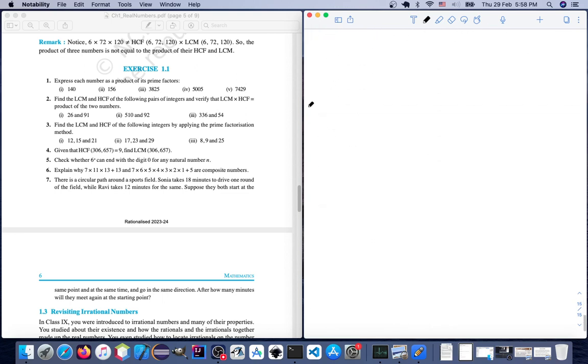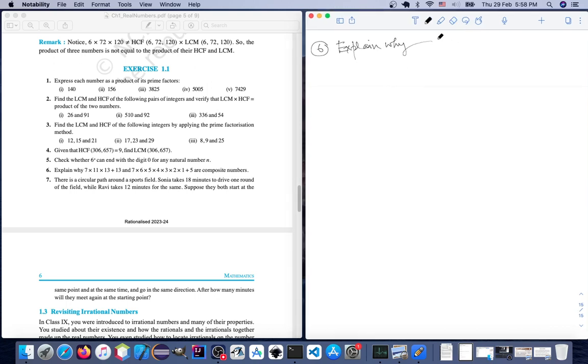Okay. Problem number 6. What does it say? Explain why 7 into 11 into 13 plus 13 is a composite number.